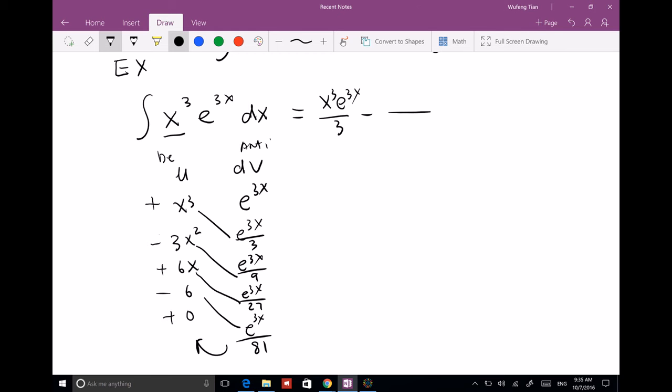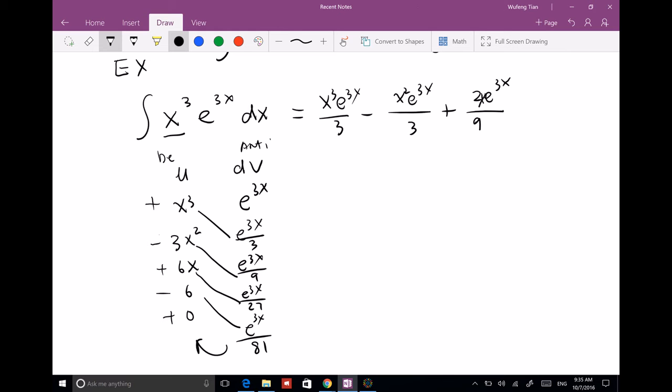minus 3 times 9 cancel out, so it's x squared e to 3x over 3, minus what? Wait, plus 6 and 27 cancel out, which is 2 over 9 e to 3x, and have an x.